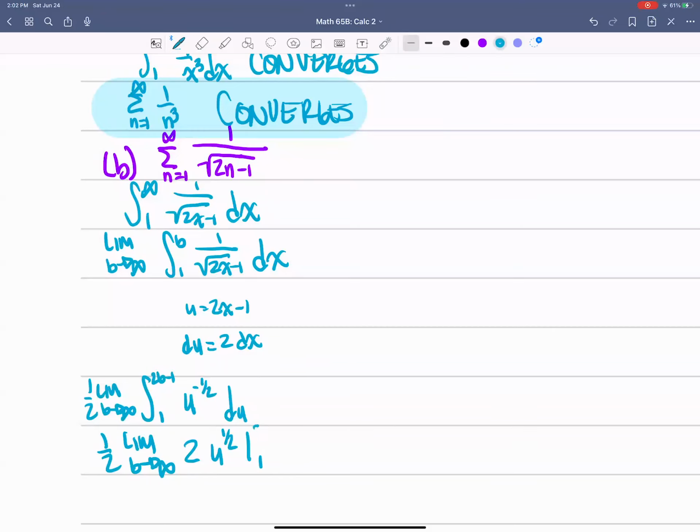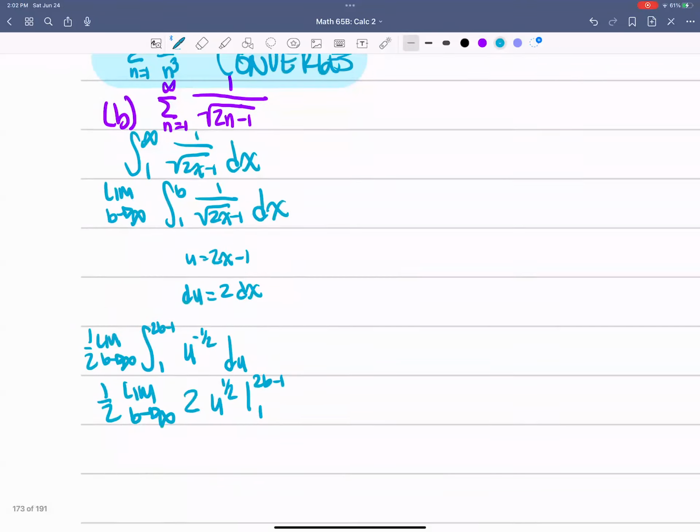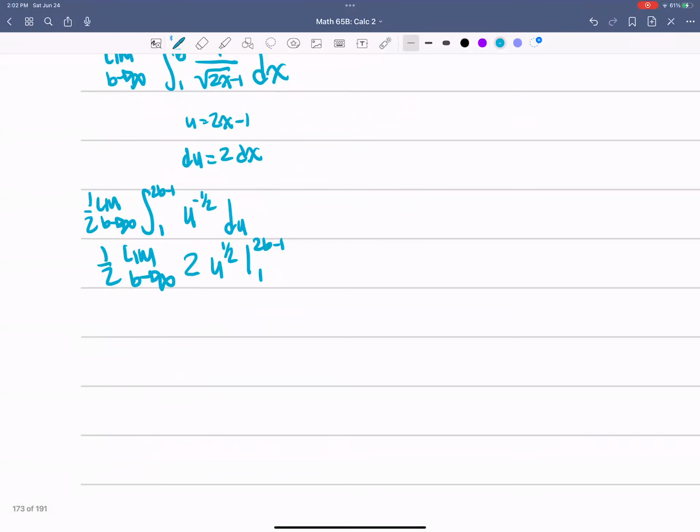Which in theory is still infinity, but we could still state it this way. Now evaluating, these two divide out. So we're looking at the limit as b approaches infinity of u to the 1/2, evaluated from 1 to 2b minus 1.